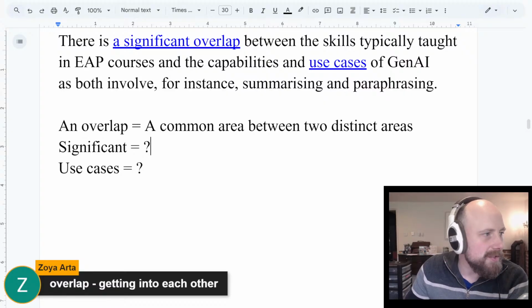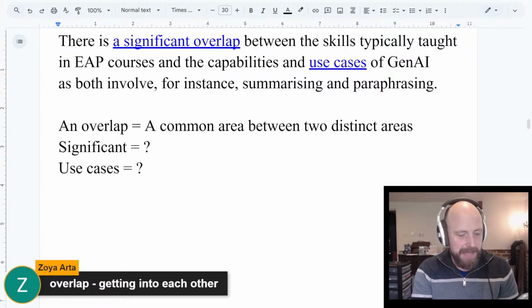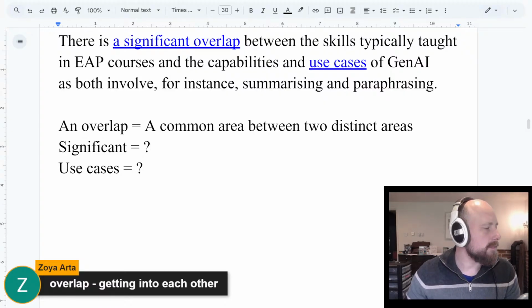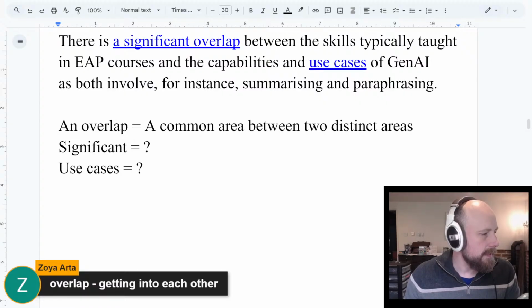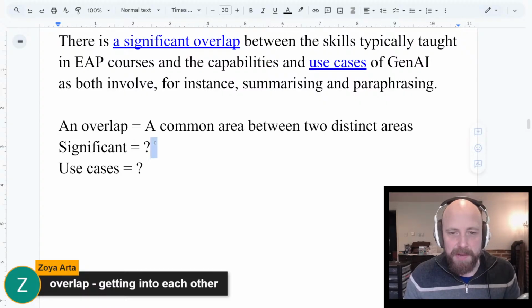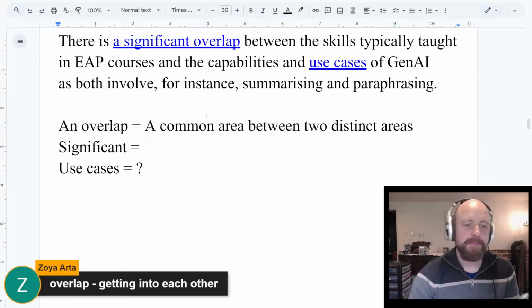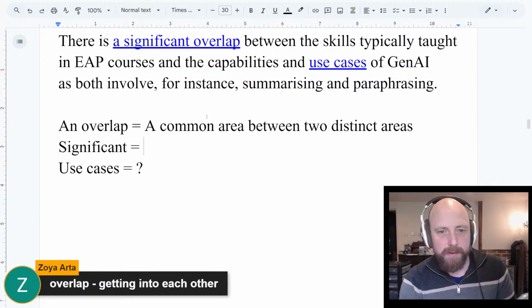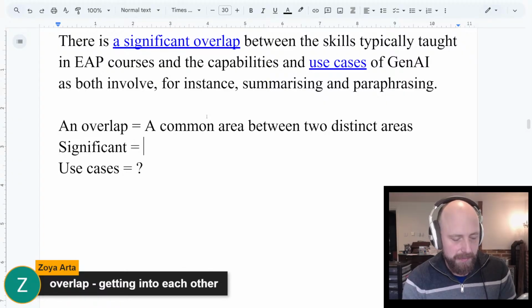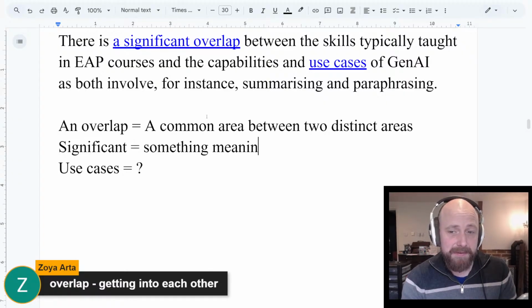Significant means important. Kind of. That's not bad. I'm going to say that significant means something meaningful.